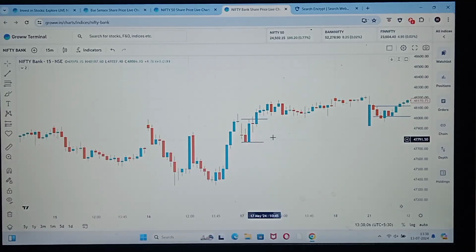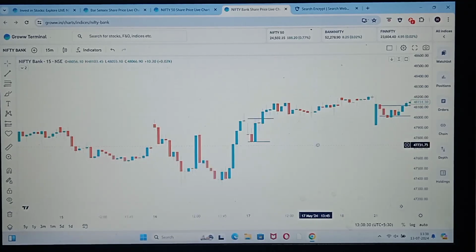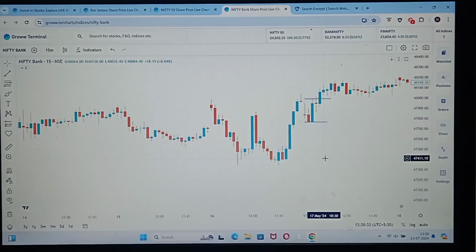So this is the 9:45 candle. You can see at 10:15 am this candle broke the high of the 9:45 candle at around 48,000, and you can clearly see just one candle gave you 100 points. In 2, 3, 4 candles you will be trailing your stop loss easily. Out of 150-200 points you'll be booking 50 points at least, as I assume you will be doing.